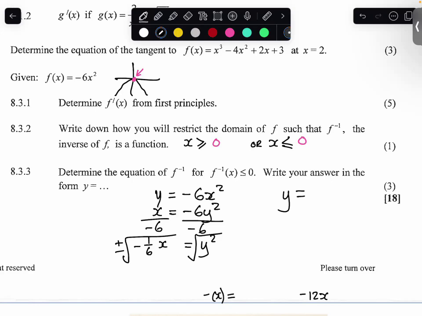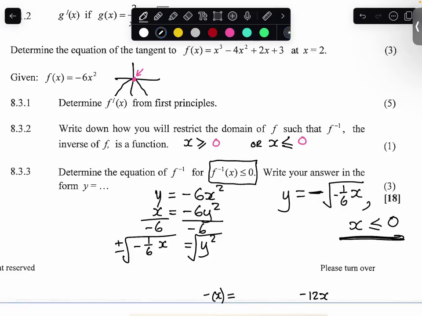Now, because they said where y is negative, I'm going to pull out the negative version of this, meaning where x is less than and equal to 0. So you're going to have the negative in front of the bracket, and you have to have the statement where x is less than and equal to 0.